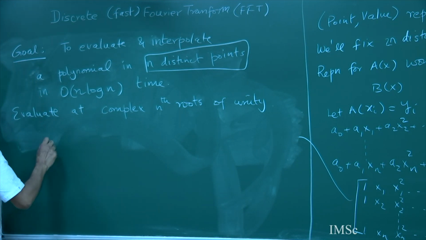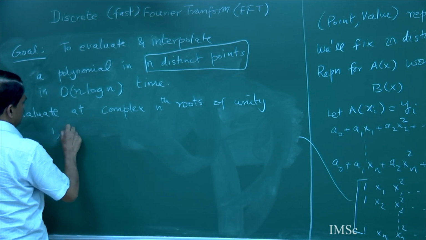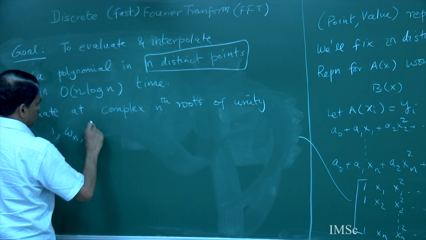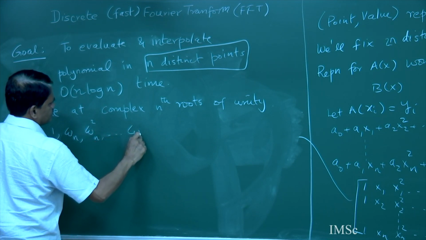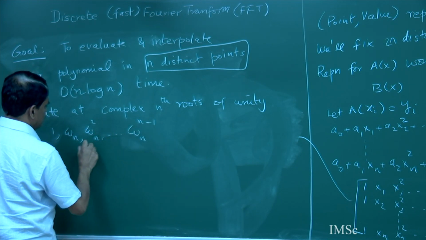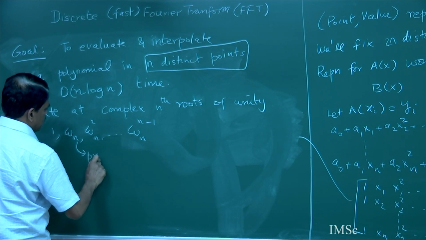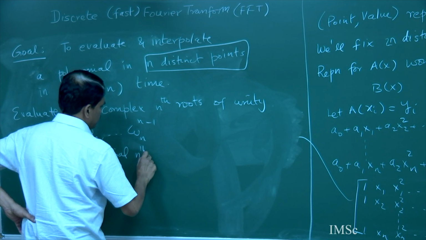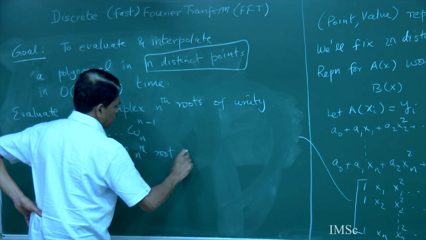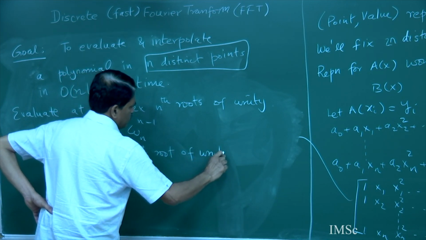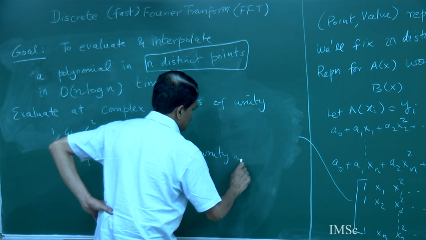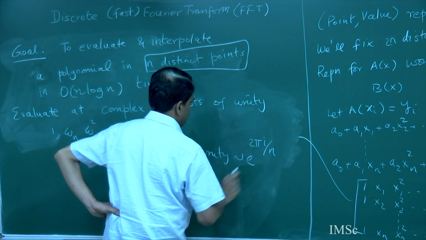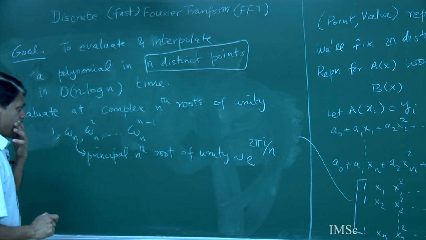So the complex nth roots of unity are denoted by omega n, and the principal nth root of unity is e power 2 pi i by n.